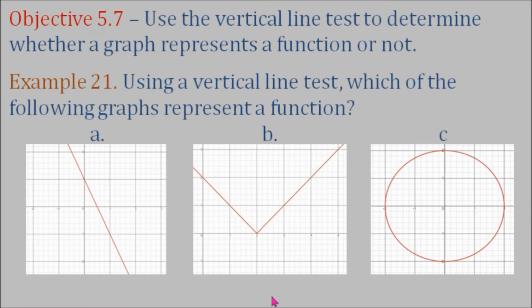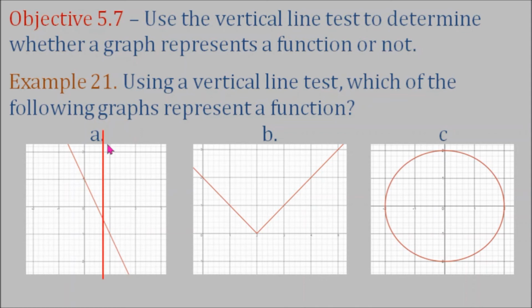Objective number 7. Use the vertical line test to determine whether a graph represents a function or not. So example number 21. Using the vertical line test, which of the following graphs represent a function? With the vertical line test, if we can draw a vertical line that intersects the graph at more than one point, that is not a function. But if that vertical line crosses the graph at exactly one point, it's a function.